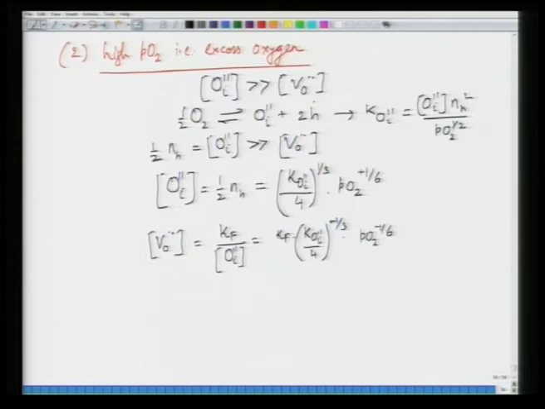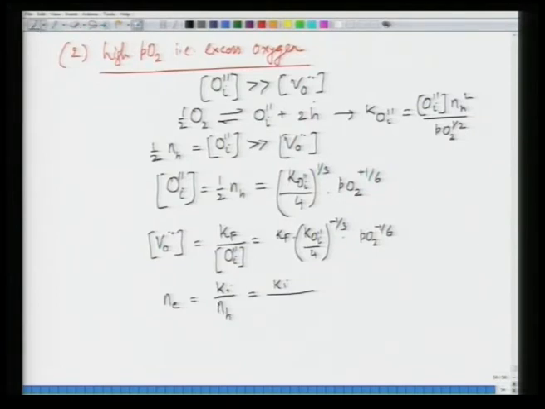And similarly Ne will be equal to Ki divided by NH, just slipping out a little bit. So this should be NH.